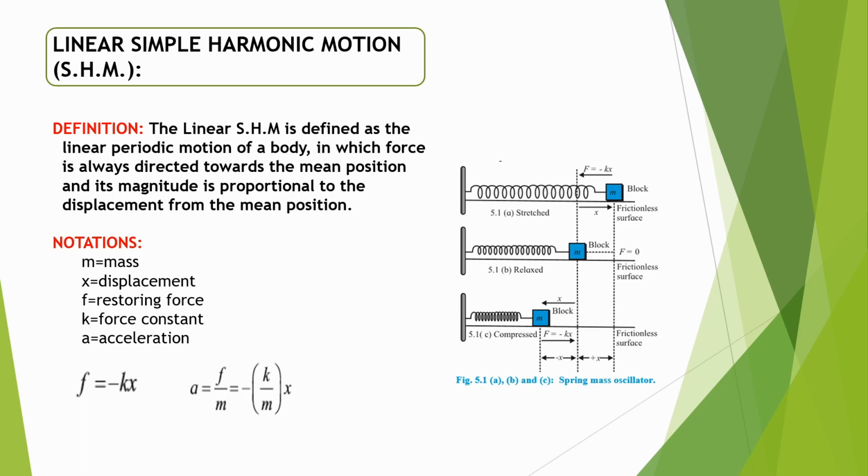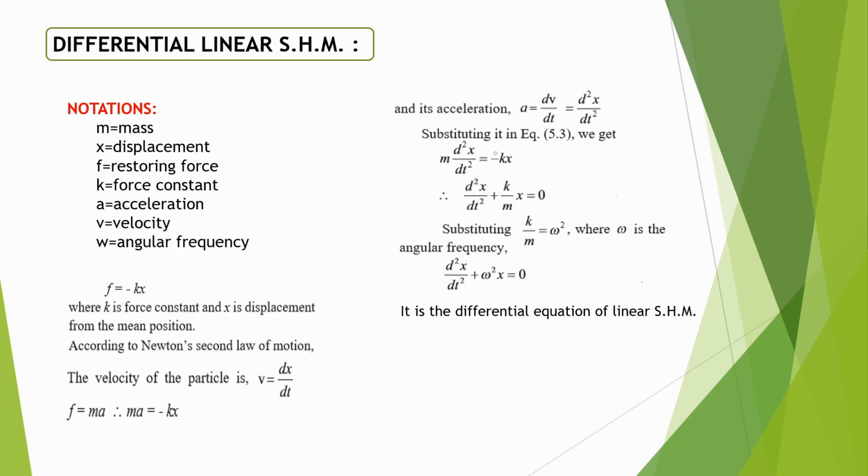Now consider this figure. Place a rectangular block on a smooth, frictionless horizontal surface. Attach one end of a spring to a rigid wall and the other end to the block, as shown in the figure. Consider figure A: pull the block of mass m towards the right and release it.